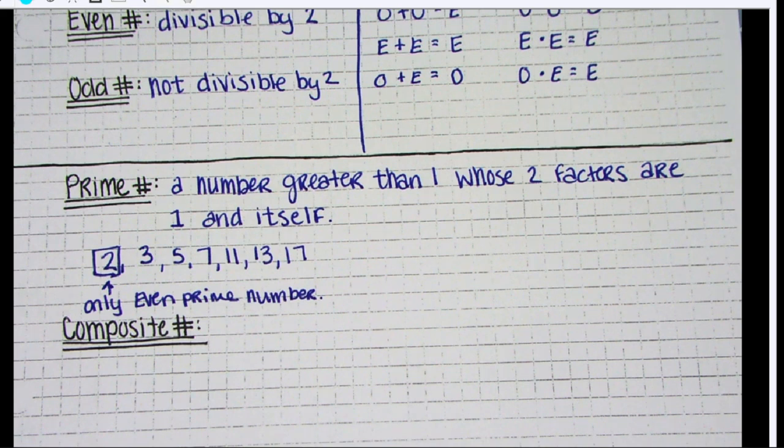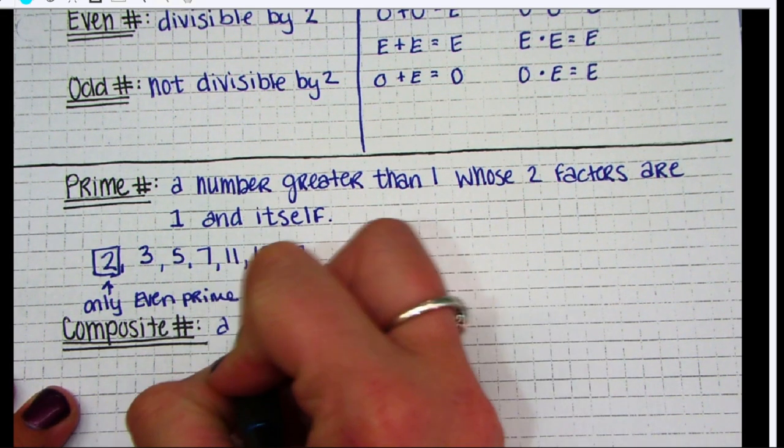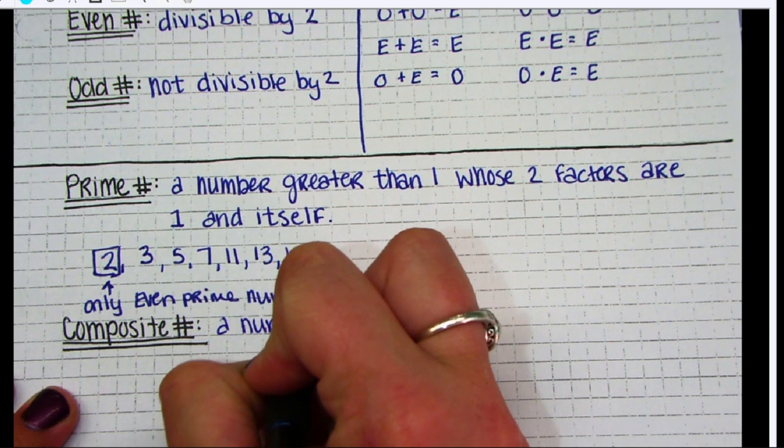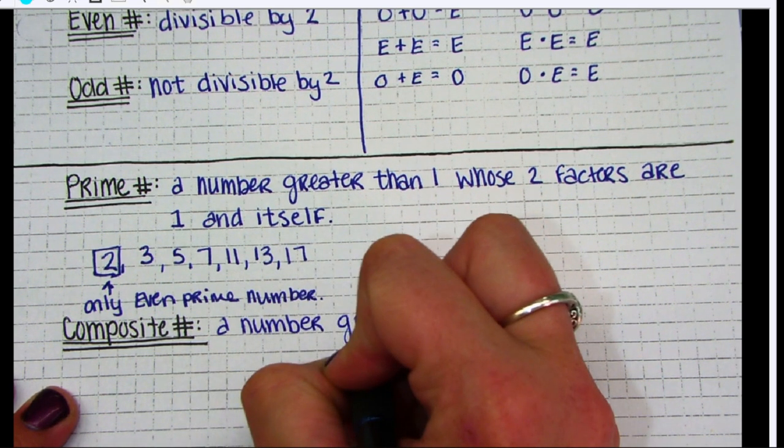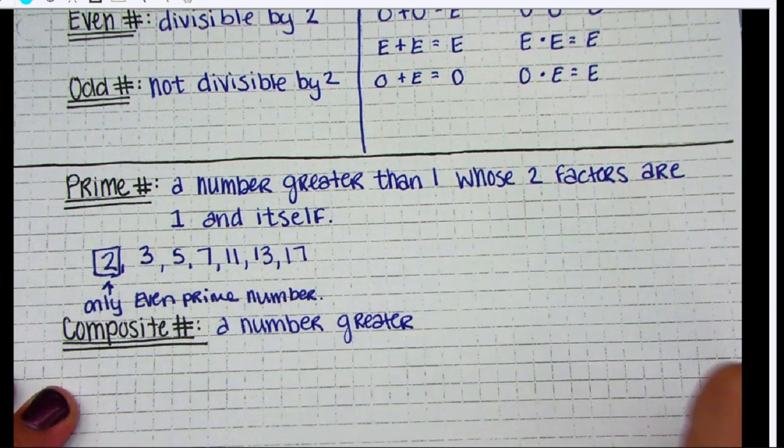So composite numbers fill in the prime numbers. Composite numbers are numbers like 4. A number I can multiply other than 1 and itself and get. So 1 times 4, then I can also do 2 times 2. So a composite number is a number greater than 1. Again, no decimals or negatives, greater than 1.